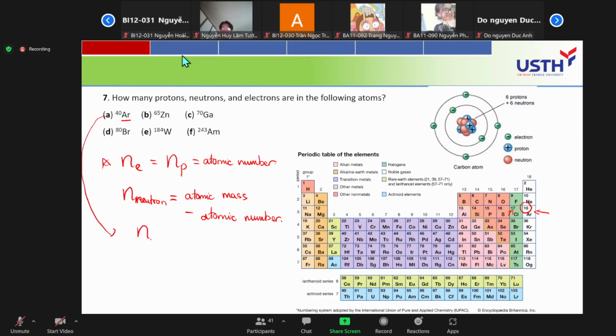You will have a number of electrons equal to the number of protons and equal to 18. The number of neutrons will equal 40 minus 18, which is 22. Okay, so let's do the same thing with the others.